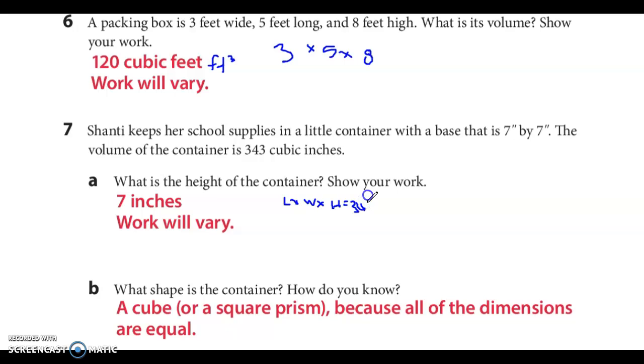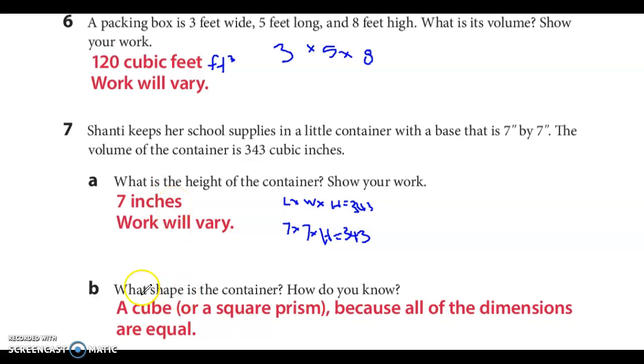So we're trying to find the height because we know one is 7, another is 7, and then we don't know the height. So you need to take 343 and divide it by 49. So if you take 343 and divide it by 49 using your strategies, your final answer will be 7. So the height of the container is 7.